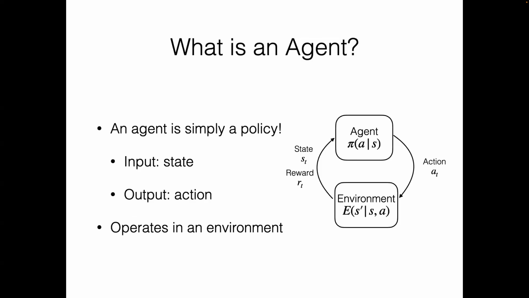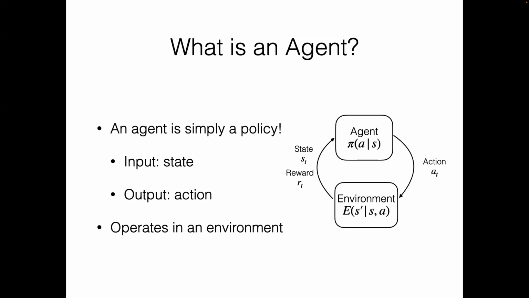Okay, so what is an agent? Surprisingly, this question comes up a lot. Here I'm going to define an agent as just being a policy. So something which takes in a state or an observation and then gives you an action or a distribution over actions. And as we've discussed, when you have a policy, it has to operate in some environment.